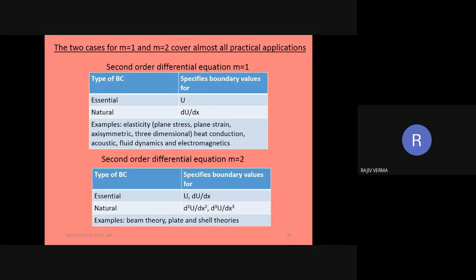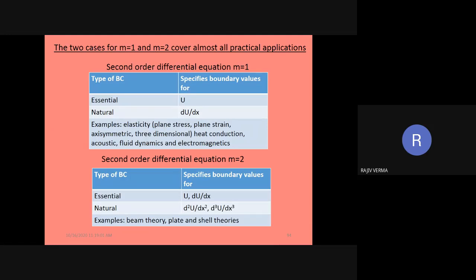Examples are beam theory, plate, and shell theories. So we are basically going to apply the finite element theory to examples from elasticity, where we are going to discuss plane stress, plane strain, axisymmetry, and three-dimensional cases. Then we are going to study heat conduction, acoustics also, fluid dynamics, and electromagnetics.